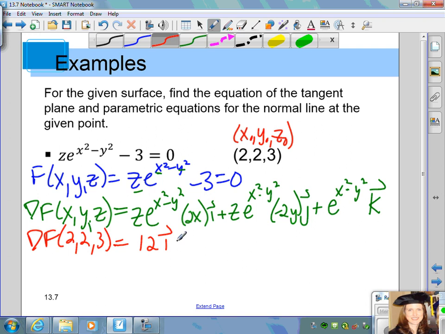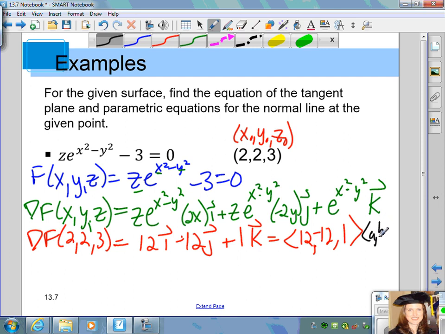This will all simplify to minus 12j, and this will all simplify to 1k. So this is going to be your a, b, c, your 12, negative 12, and 1. That's going to be the components of your normal vector. That's your A, B, and C.